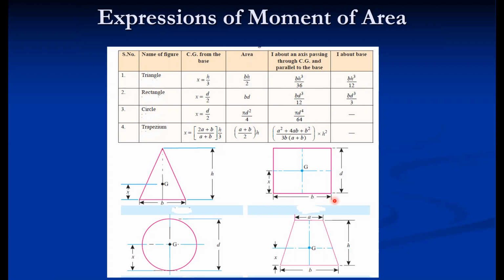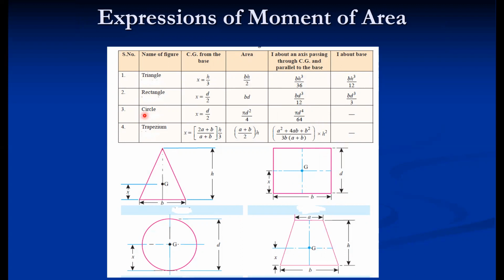B is the edge which is parallel to the free liquid surface, and the edge which is perpendicular to the free liquid surface is generally considered as D. So whatever the orientation, consider the edge of the surface which is parallel to the free liquid surface as B, and the cube of the edge which is perpendicular to the free liquid surface.